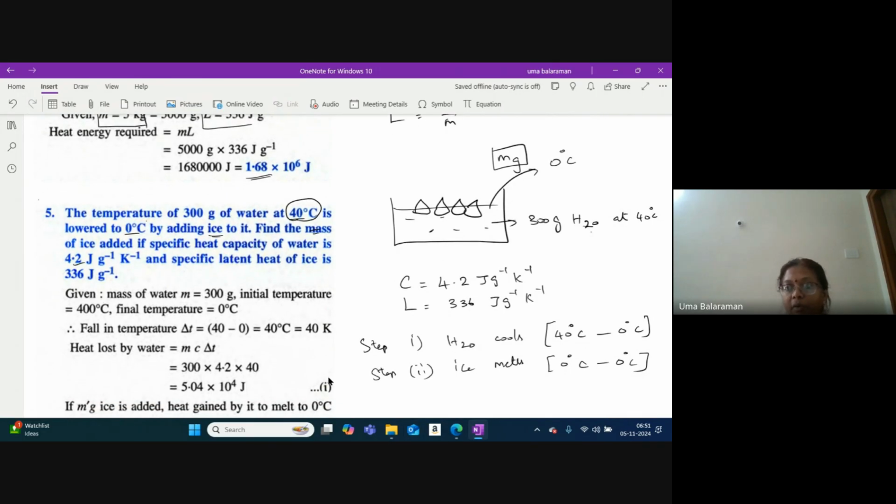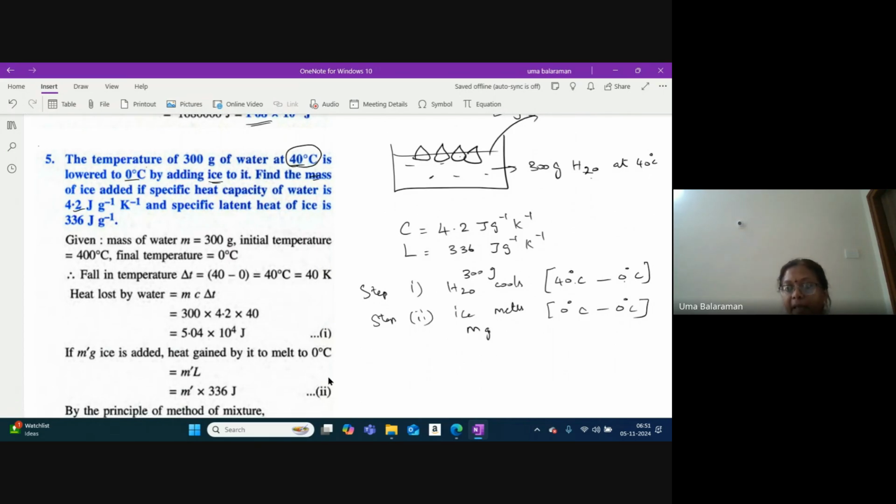So 300 gram of water cools from 40 degrees Celsius to 0 degrees Celsius, and m gram of ice melts from 0 degrees Celsius to 0 degrees Celsius. The heat energy released by the water is absorbed by the ice.